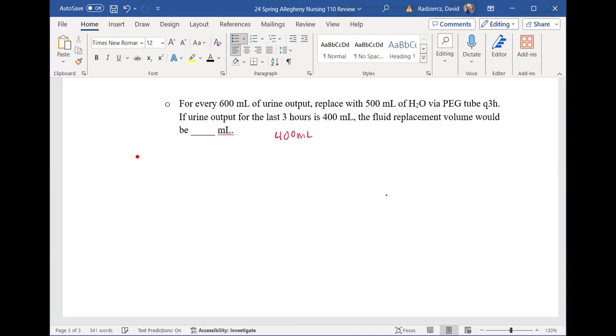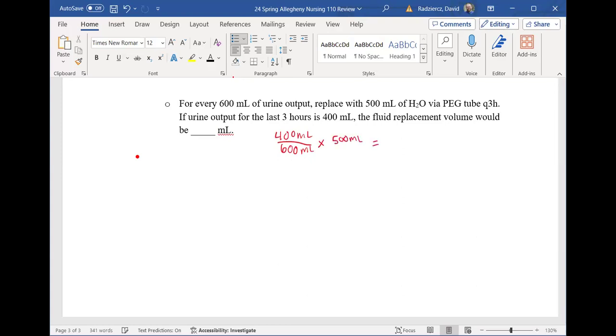What's my theoretical? 600. So you see how the number on the bottom is bigger than the number on the top, which is different than what we saw in the previous problem. But all I'm doing is the actual over the expected. Then I'm going to multiply by my replacement volume, which is 500.